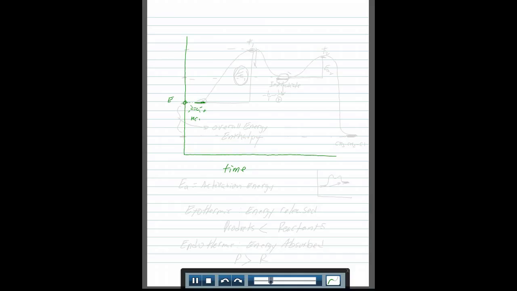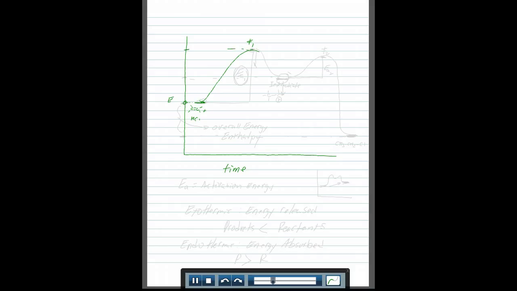When you start breaking and forming bonds, that requires energy. You need energy to start making and breaking bonds. So the energy of these compounds starts going up as you approach transition state 1. While your pi bond is grabbing the hydrogen on the HCl, there's a certain amount of energy associated with that highest point.